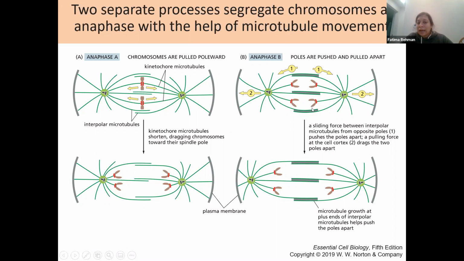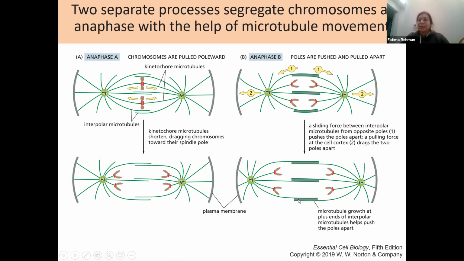The other thing that happens is that these microtubules are going to slide between each other, very similar to the ones that we saw before when we were looking at cilia and flagellar movement, right? So similar to that, the proteins linking them together are going to help them slide away as they continue to increase in length through polymerization.